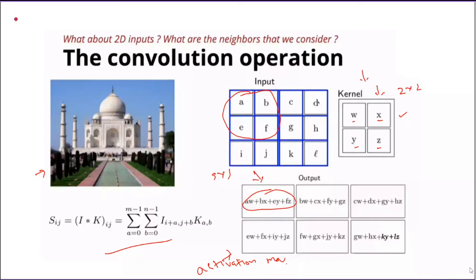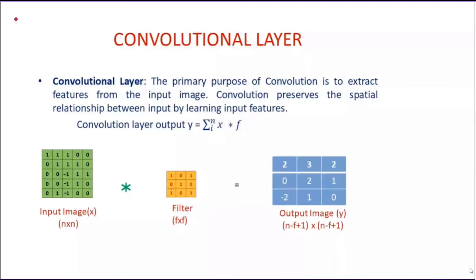So this is how it exactly happens. Here we are taking a 3 cross 3 filter or kernel, and this 3x3 filter is placed on top of this image. We multiply each pixel value of the filter with each pixel value of the image.